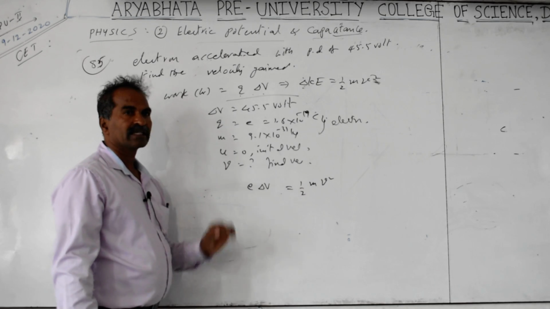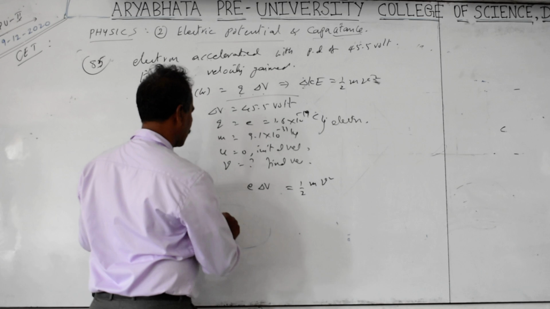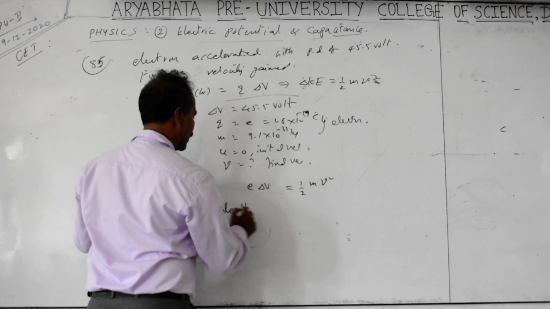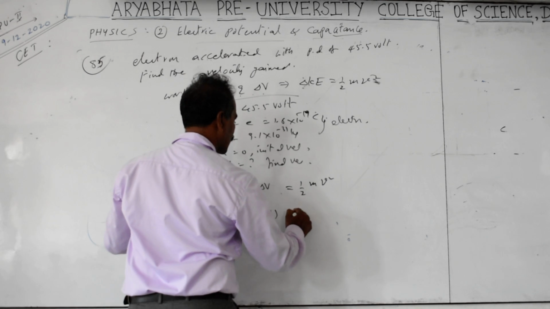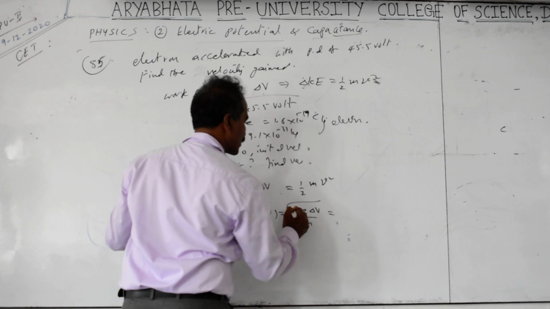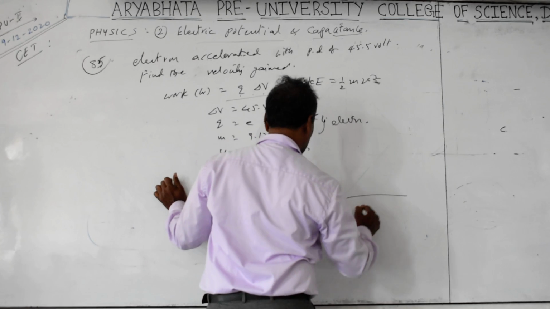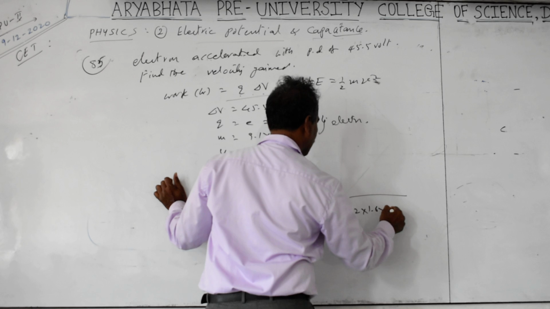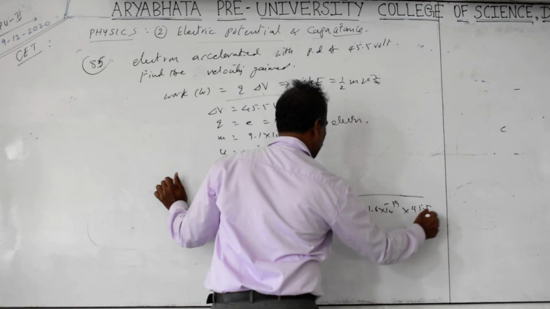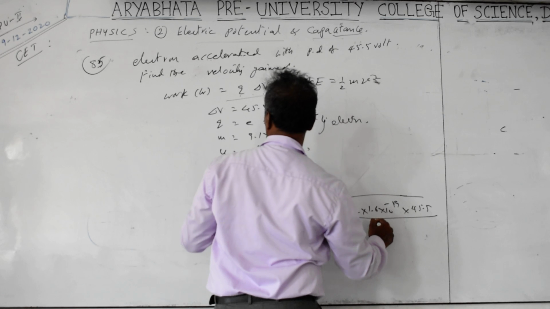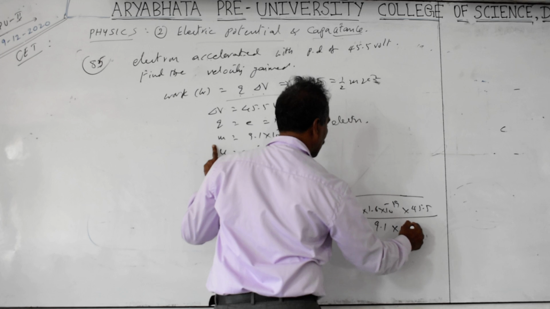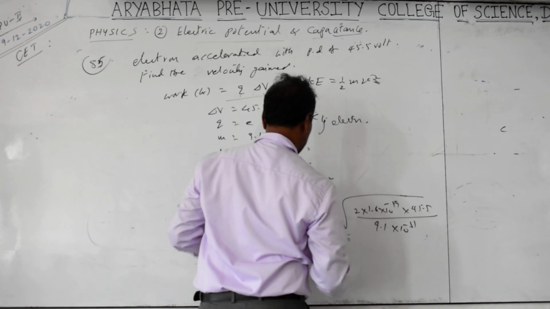So you can easily calculate the velocities. Final velocity v is equal to under root of 2 e delta V by m, which equals under root of 2 into 1.6 into 10 to the power of minus 19 into 45.5 by mass 9.1 into 10 to the power of minus 31 kg.